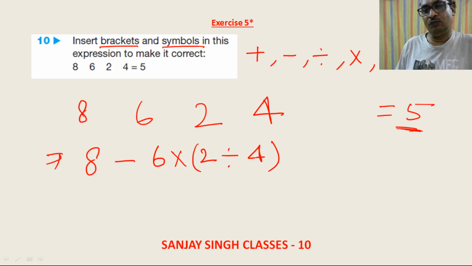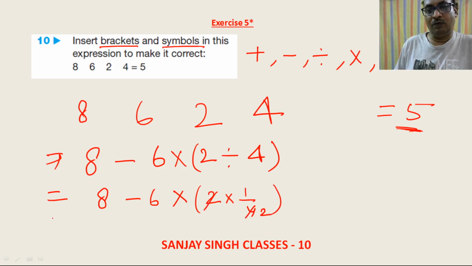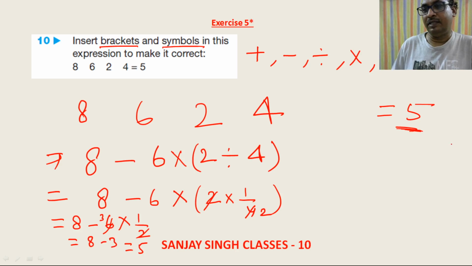If we think in this way and solve, the bracket part we solve first, so it gives 2 into 1 by 4. We can cancel this 2 by 2. So now we have 8 minus 6 into 1 by 2, and further cancelling, we get 3, and 8 minus 3 will be equal to 5, and the same 5 we needed to find.